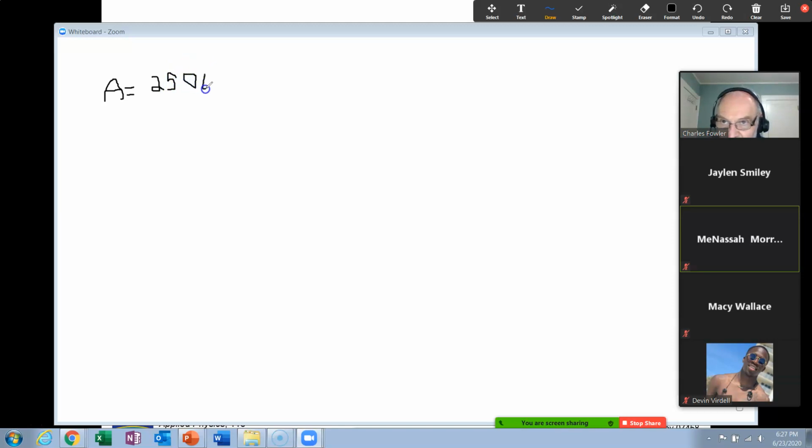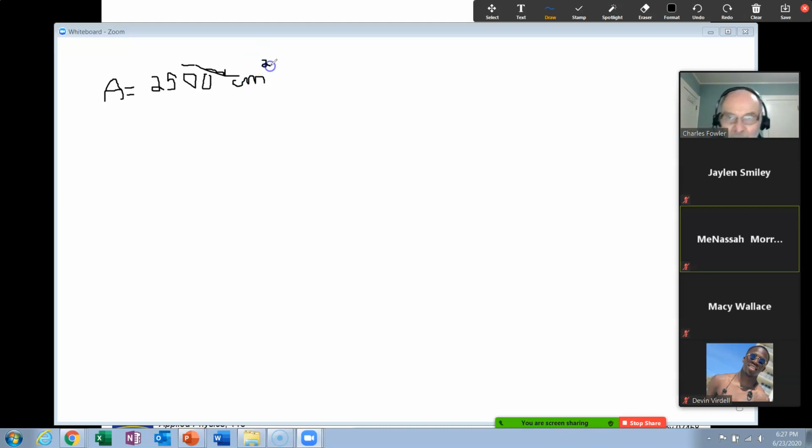Those are zeros. They don't look like it, but let's pretend they are. This one's significant. That one's not. And the eraser's not working, so I can't erase that, so sort of ignore this right here. This is the significant digits here. And this is in square centimeters.